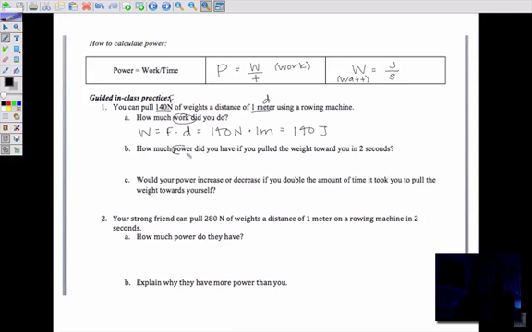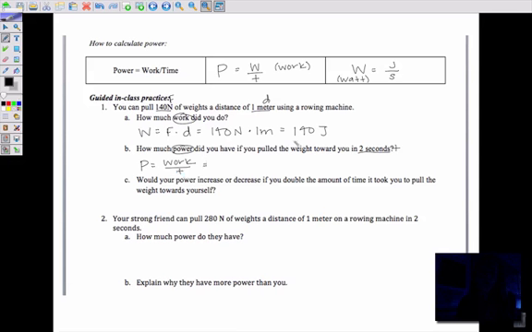B asks, how much power did you have if you pulled the weight toward you in 2 seconds? This is where that strategy is going to come into play. So power is equal to work over time.